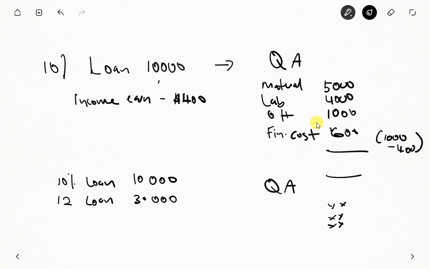Should I use 10 or should I use 12? Let's say for this one I need about 5,000. I just need 5,000 only. But I have two loans. I'm not going to specifically borrow 5,000 just to finance this. I already have loans of 40,000. So I'm just taking money from here to finance this construction.